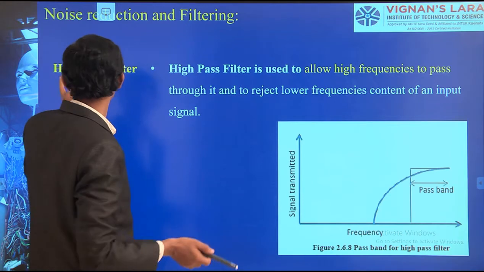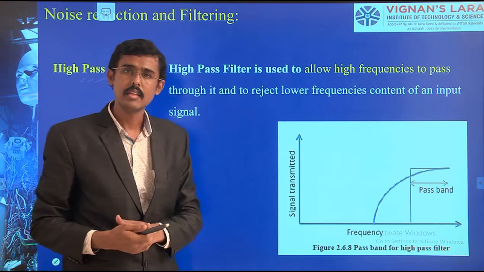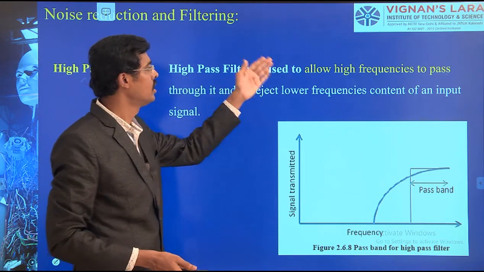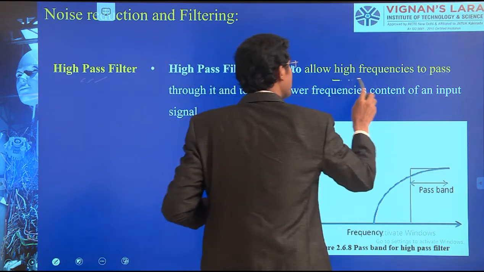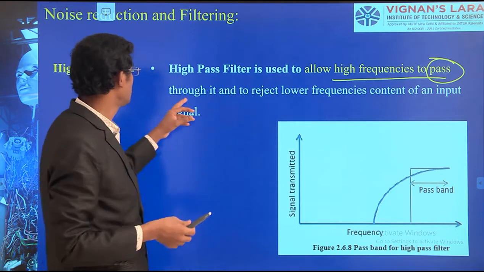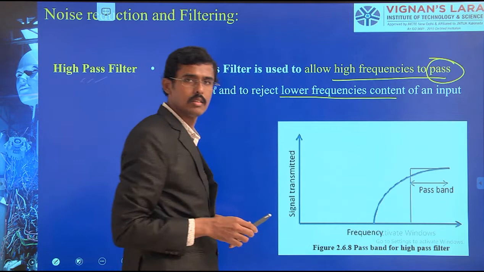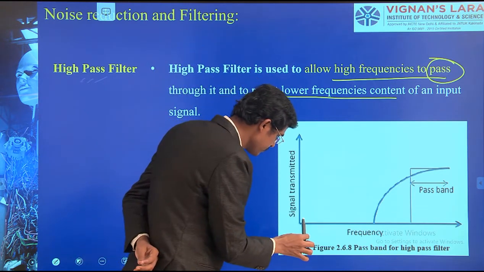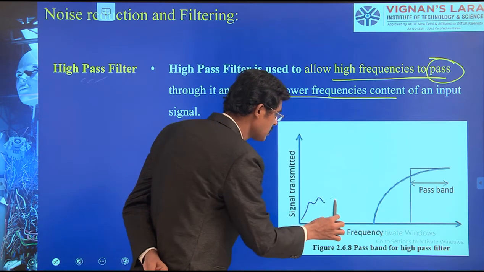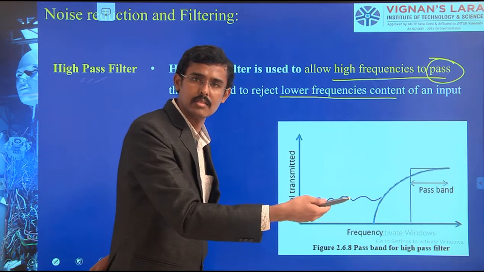Next one, the high pass filter. The name itself says it is high. High pass filters are used to allow the high frequency to pass through and to reject the low frequency content. Here I have AC noises, and after that I am saying welcome to the session.